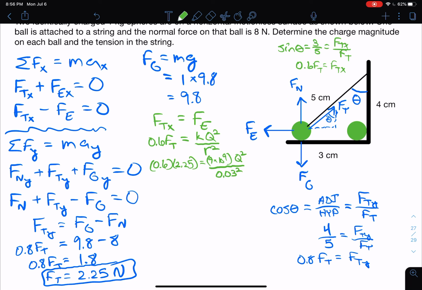Now, you may wonder, why am I converting to meters here when I didn't convert before? And by before, I mean right up here when I was doing the sine function and down here when I was doing the cosine function. I didn't have to convert in these two cases because even if I converted to meters, up here it would have been 0.03 divided by 0.05, which is still 0.6. It wouldn't have changed this answer at all.